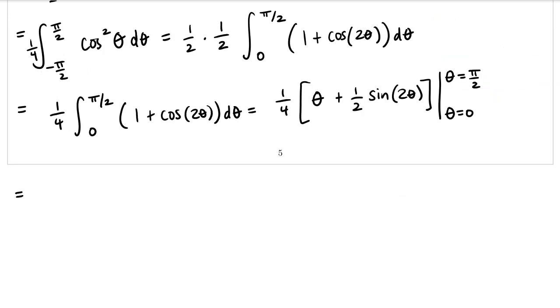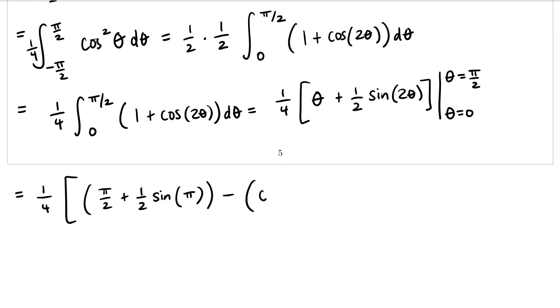Okay, so let's go ahead and plug in our limits of integration. We have 1/4 times theta is pi over 2 plus 1/2 sine of 2 times pi over 2, which will just be pi, minus 0 plus 1/2 sine of 0.